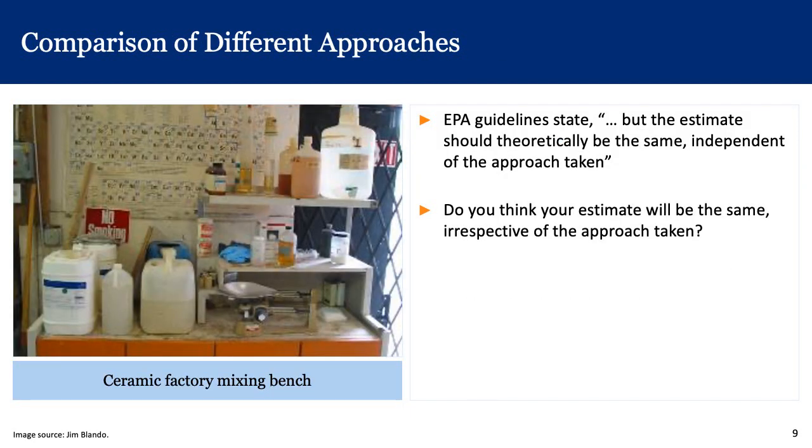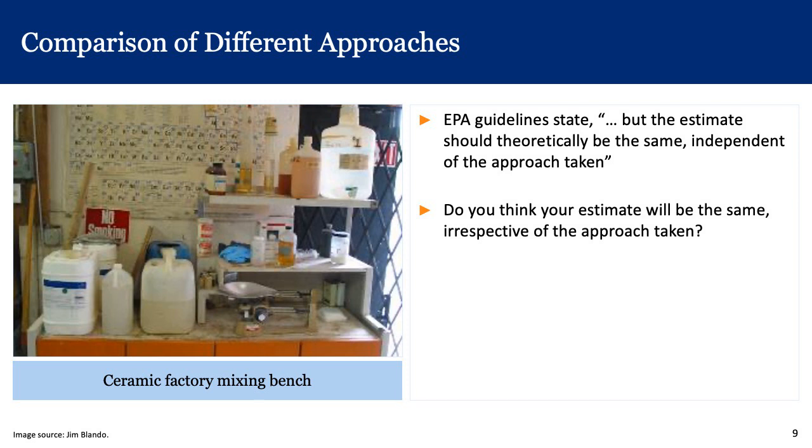It's interesting because EPA makes the following statement on the slide listed here, essentially saying that even if you use different approaches, you should get the same result. What I can tell you is that in reality, because these exposure assessment procedures and methods are a tool to help us understand, it's not a perfect rendition of reality. They're a tool like many of the tools that we have. So in practice, if you do use different approaches, you will typically see variability in the results.